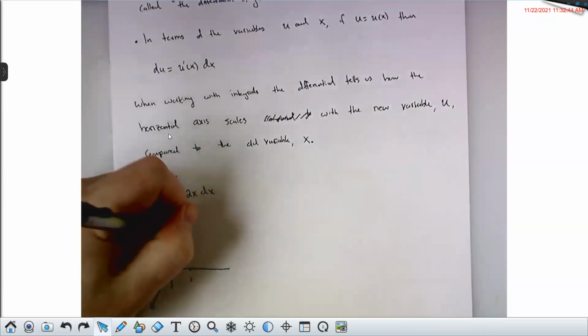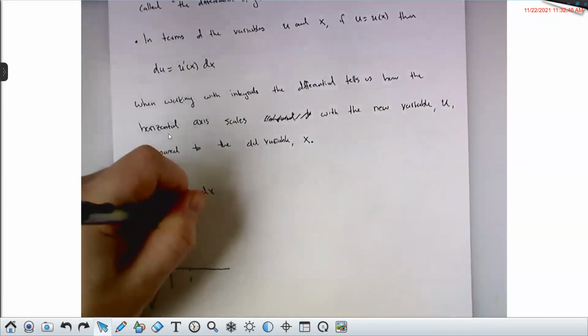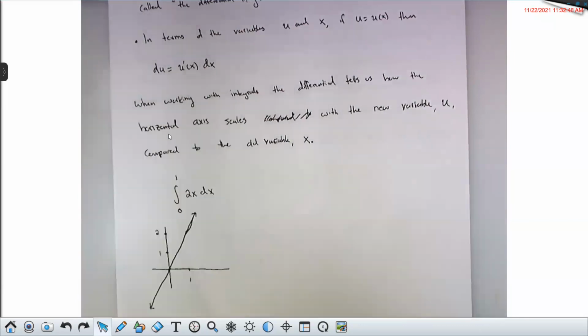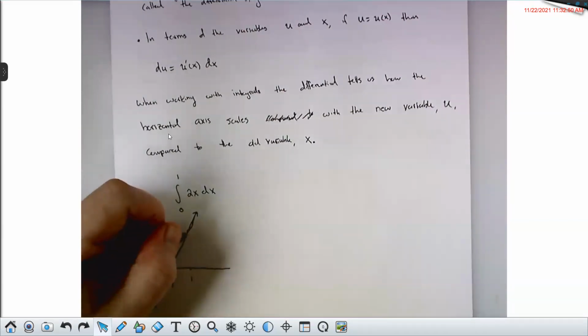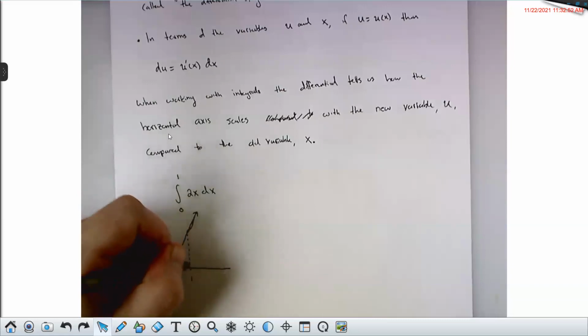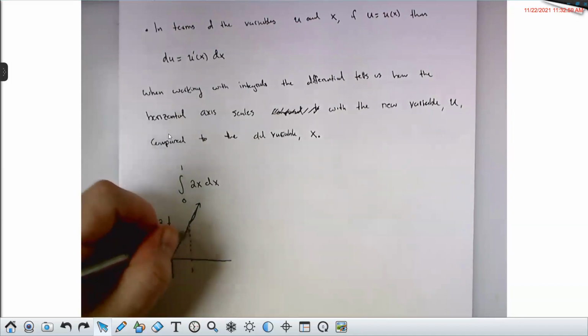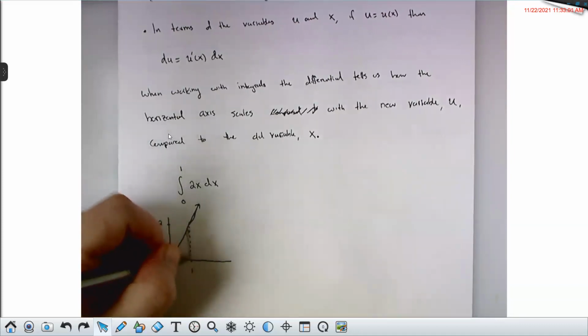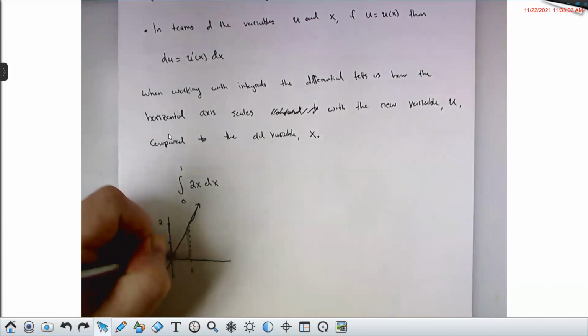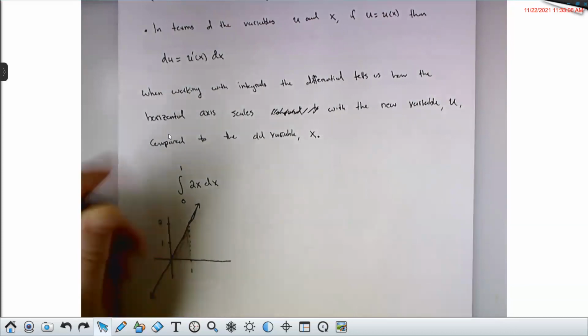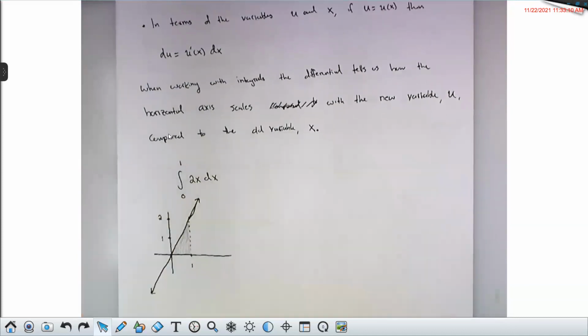We could do this by interpreting in terms of areas and using geometry formulas. We could do this by calculating an antiderivative and using FTC2. This is simple enough that we could also get there by taking the limit of a Riemann sum if we wanted. But I don't want to do any of that right now. I just want to compare this to what would happen if I make a little substitution.